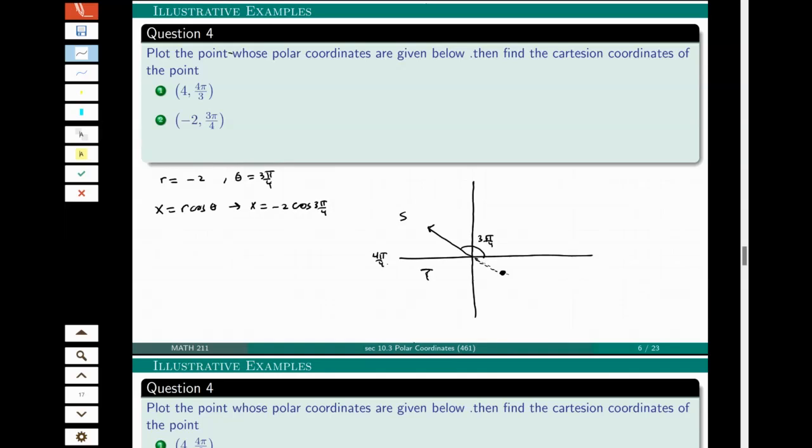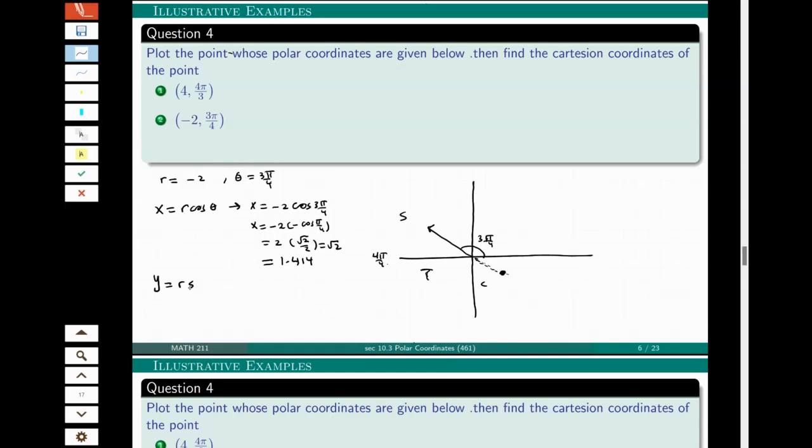STC will say cosine in the second quadrant is negative, so x will be negative 2 times negative cosine pi over 4, which is equal to 2 square root of 2 over 2, which is equal to square root of 2. What is square root of 2? It's 1.4.